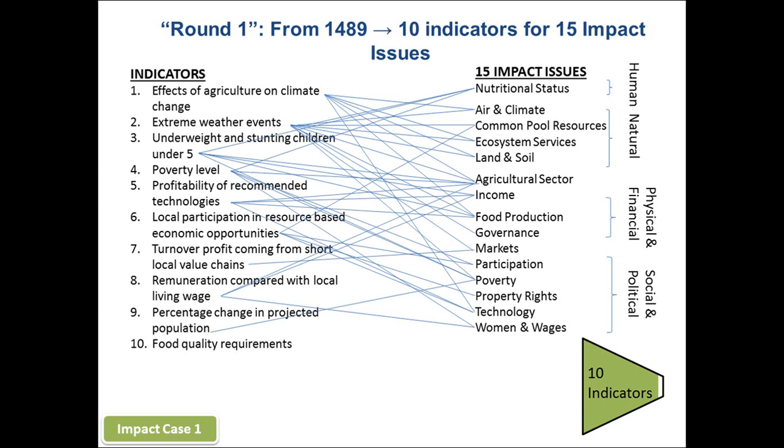This example shows the power of the tool, which is able to reduce the number of indicators by a couple orders of magnitude. So for users who have limited time and resources, this indicator set has quickly become very manageable. Just as in the example, once again, the lines here are showing the linkages.